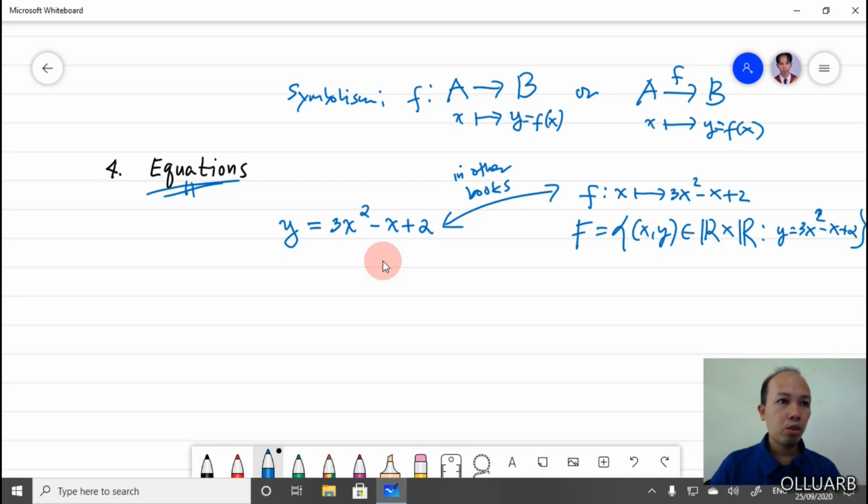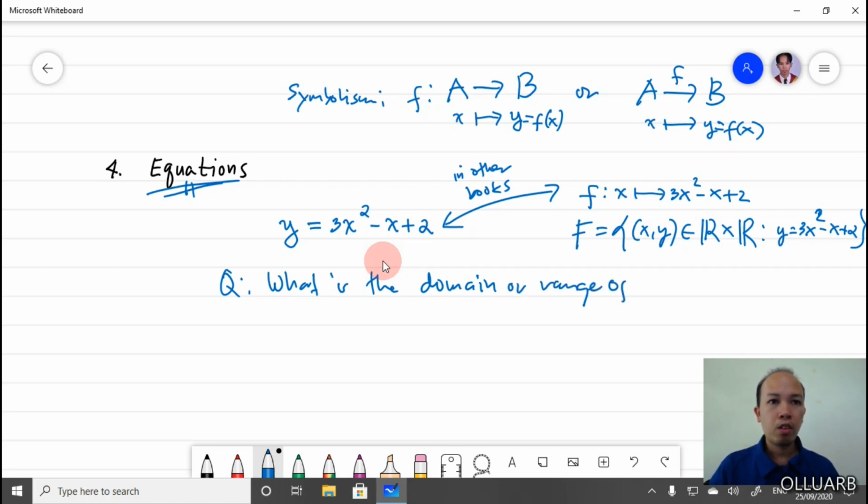Okay, so the question here is, what is the domain or range of the function f?